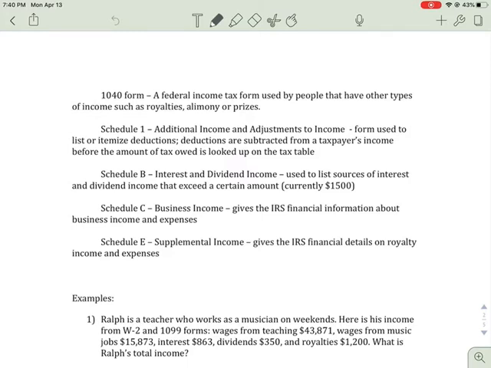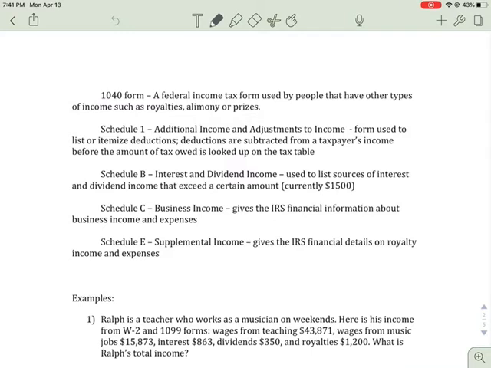Now, up until this year, there were other 1040 forms like the 1040EZ, the 1040 long form, the 1040A, and each one had a specific situation they were used for. So starting in 2019, they decided we're just going with one form.